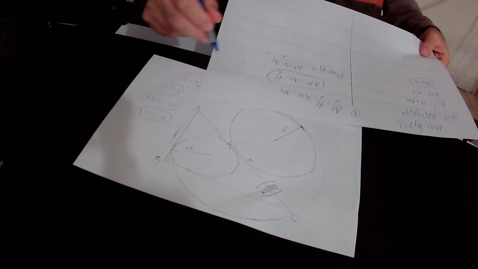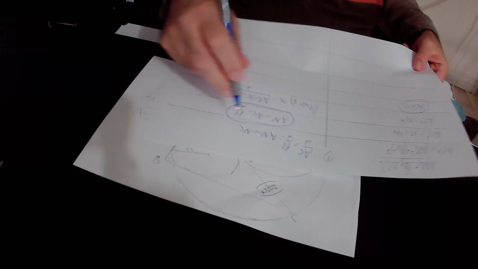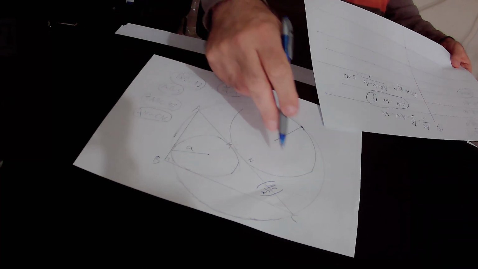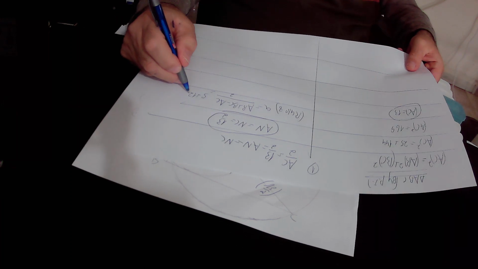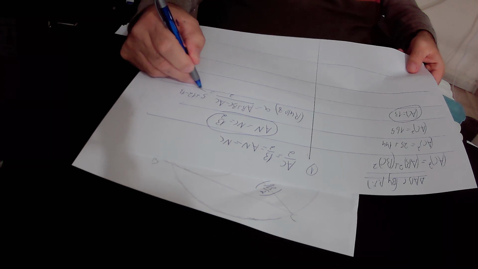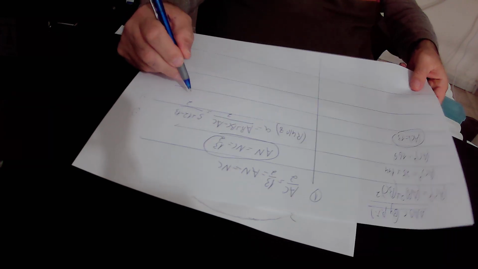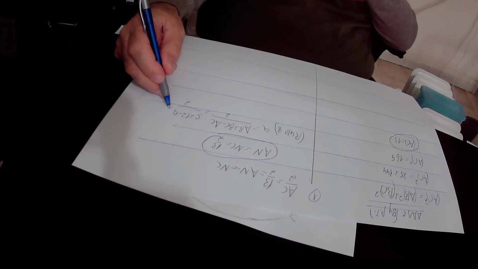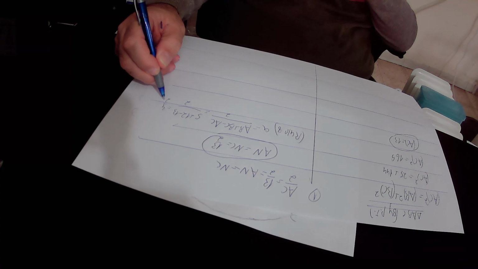AB is 5, BC is 12, and we just found out that the length of the hypotenuse AC is 13, over 2. 5 plus 12 is 17, 17 minus 13 is 4, and 4 over 2 is 2.